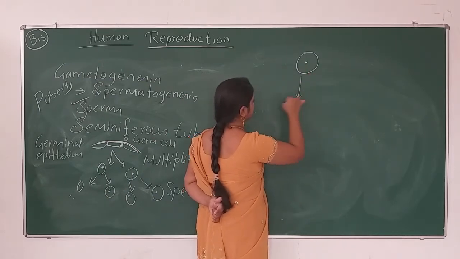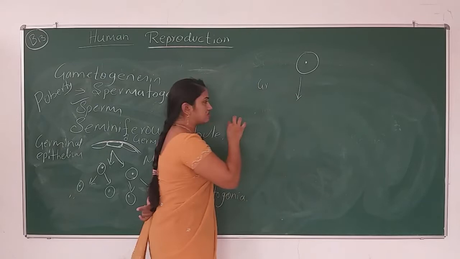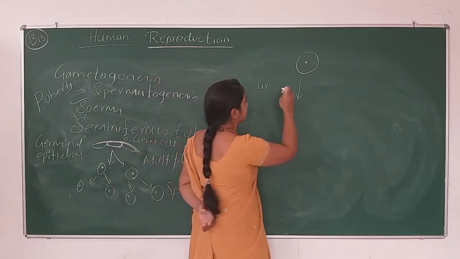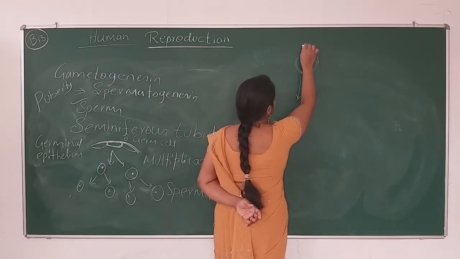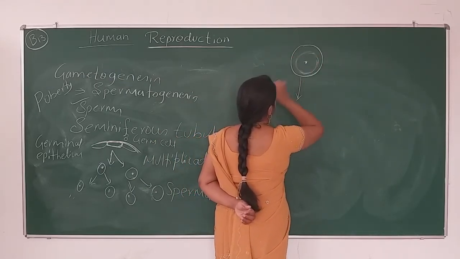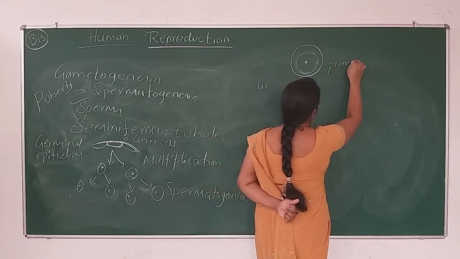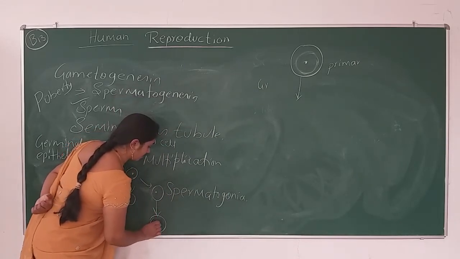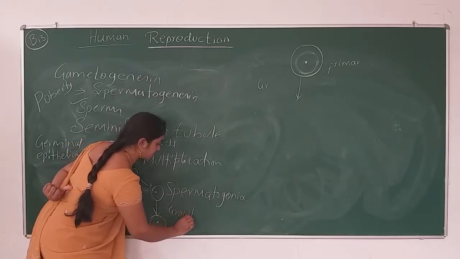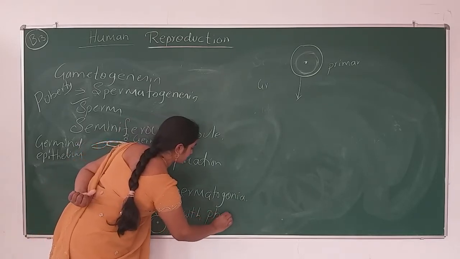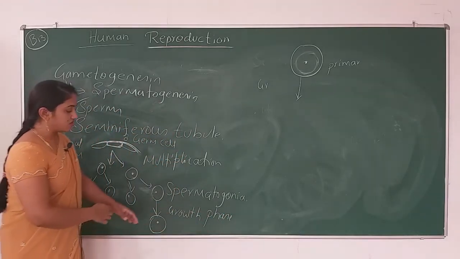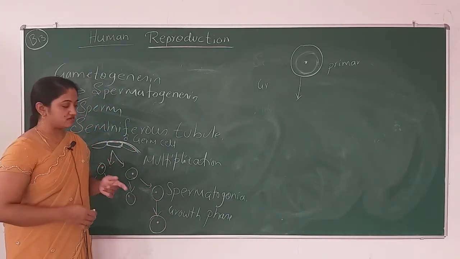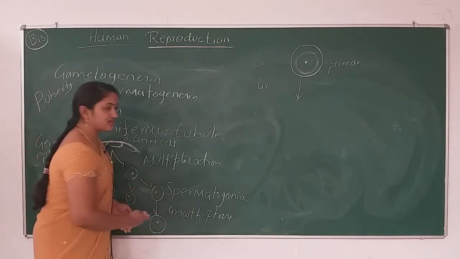So, this Spermatogonia grows, it increases its content, and it becomes bigger. It is going through the growth phase, meaning the Spermatogonia increases its content so that it becomes bigger in size.